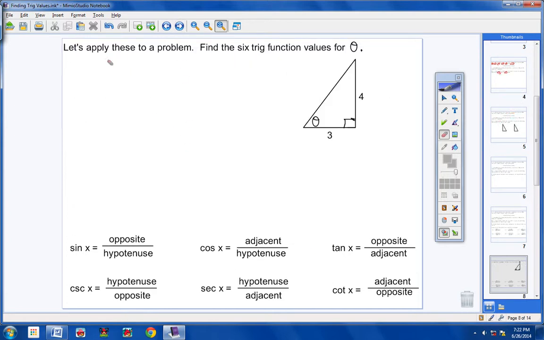Okay, let's apply these to a problem. So go ahead and copy this triangle in your notes if you would, please. And I want us to find the 6 trig function values for theta, for this angle right here. Well, the first thing you need to do is you really need to know all 3 sides.